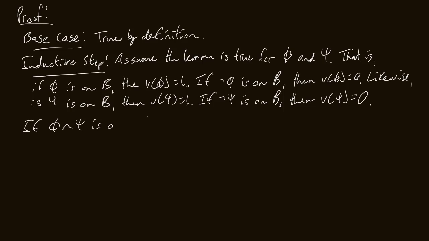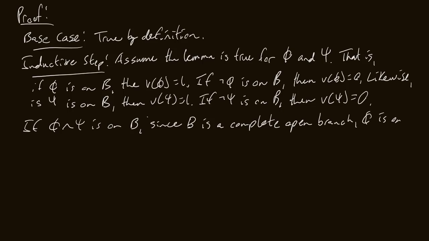So if phi and psi is on B, since B is a complete open branch, it must be the case that phi is on B and psi is on B.